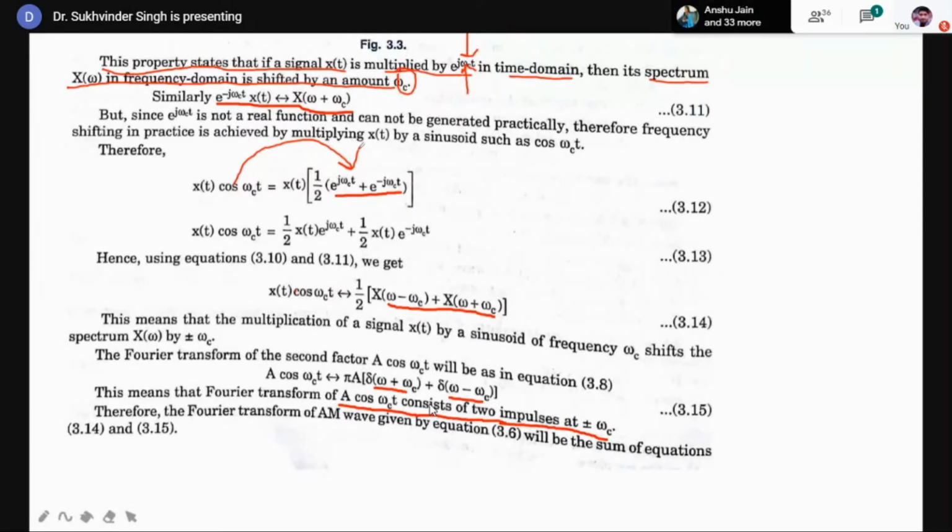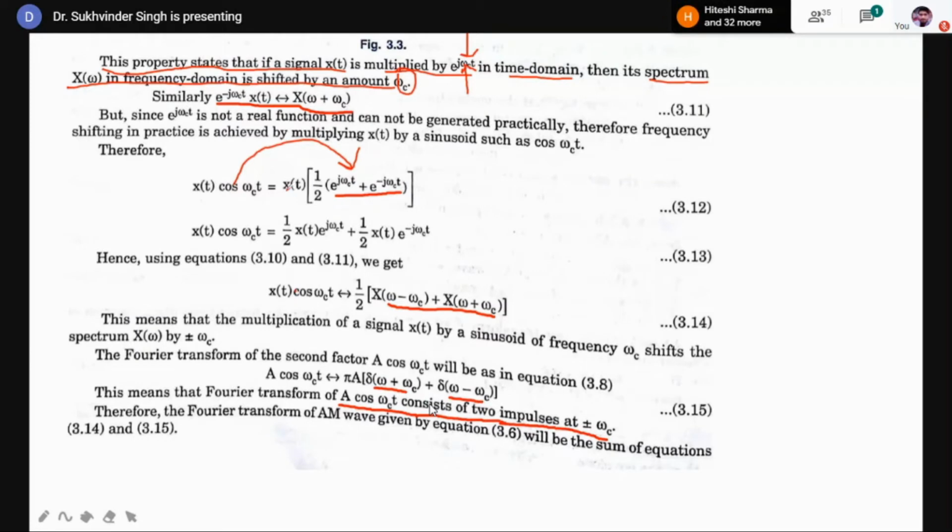And the sine function we know is given by e raised to the power j theta minus e raised to the power minus j theta, divided by 2j. So here we have used the frequency shifting theorem from Fourier analysis and the trigonometric expression for the cosine function. Here theta is omega_c t, that's why it is equal to x(t) times e raised to the power j omega_c t plus e raised to the power minus j omega_c t, divided by 2.